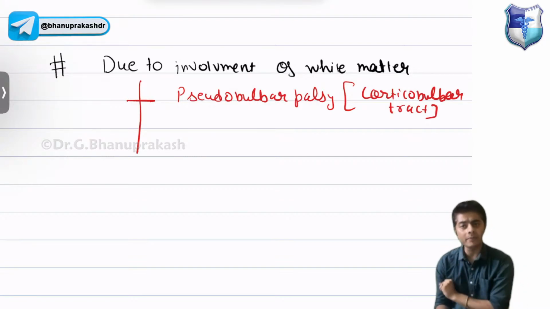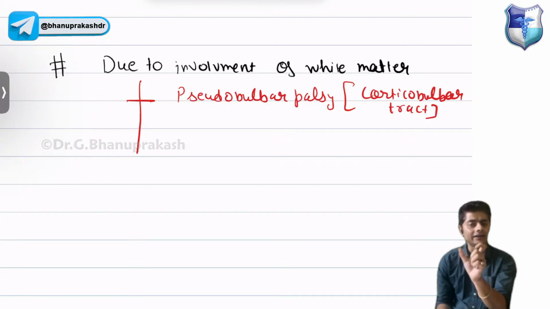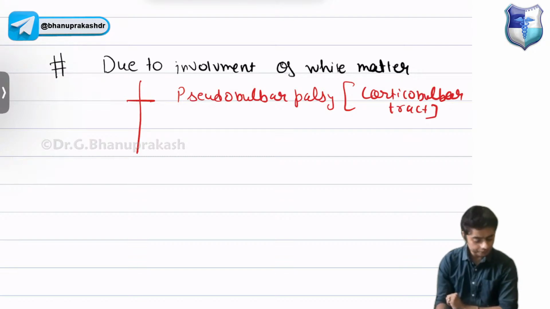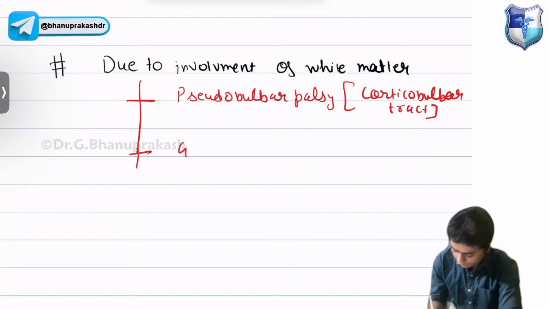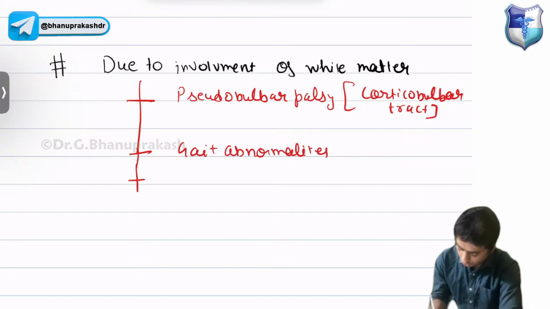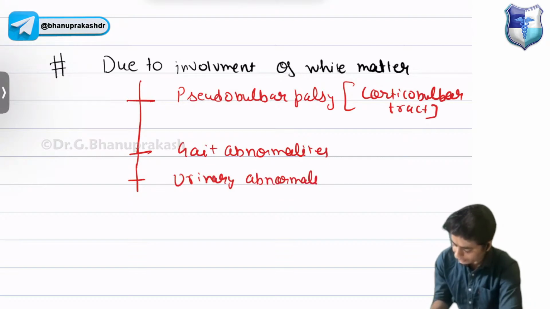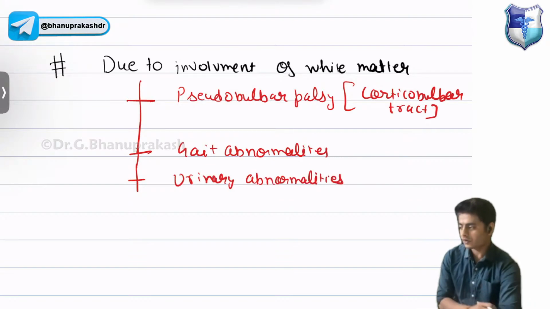And what is the difference between pseudobulbar palsy and bulbar palsy? I will tell you in my next lecture on aphasia. Okay, everyone? Yeah, hmm findings can be there, Shri. Good. And there can be gait abnormalities or urinary abnormalities. ठीक है?